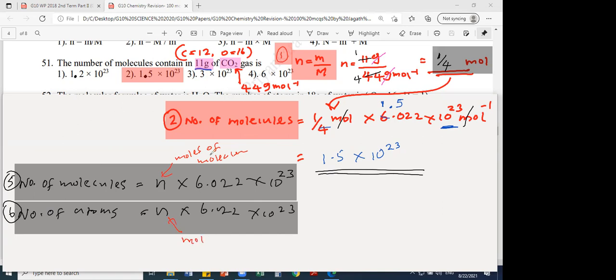Molecular moles and atomic moles. That's the only difference, because carbon dioxide is a molecule. Therefore, we had to use number 5, the first equation. If it is hydrogen atoms, then you have to use the next equation, atomic moles into Avogadro constant.